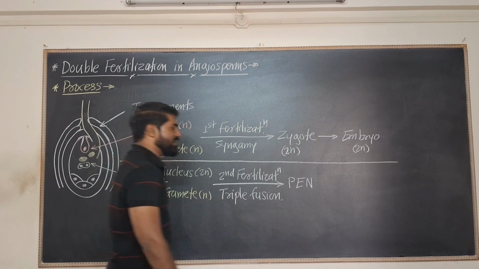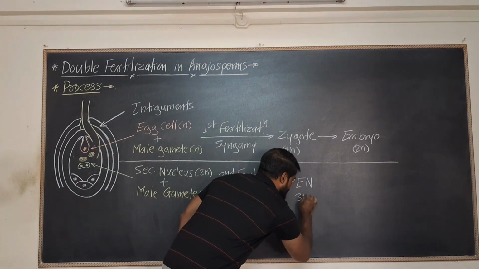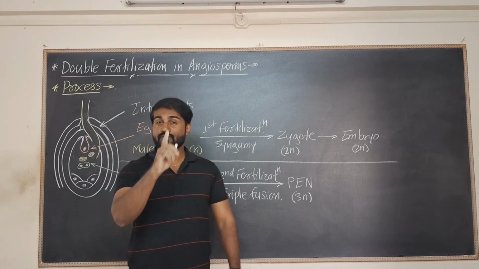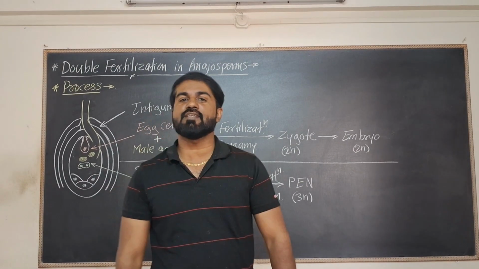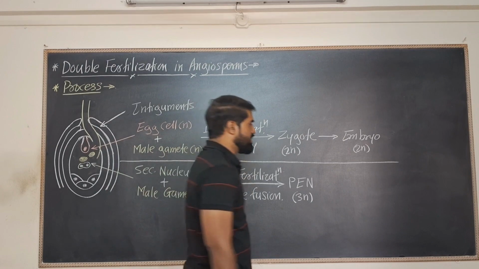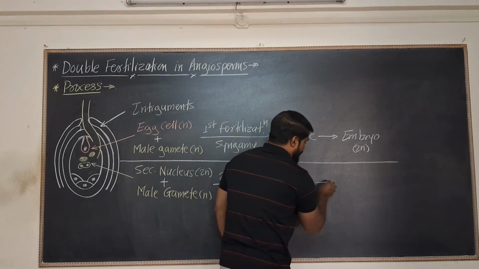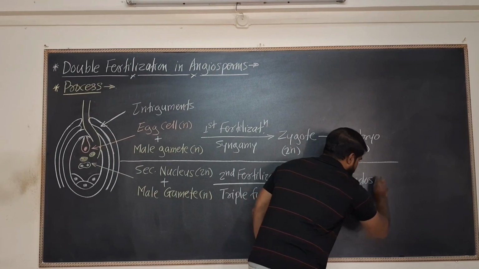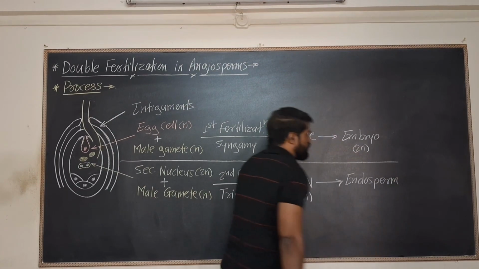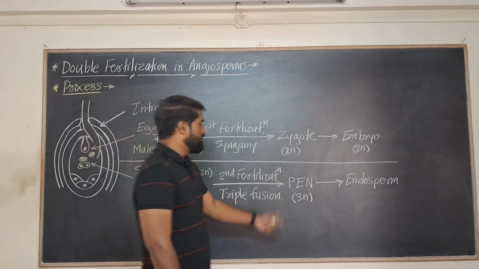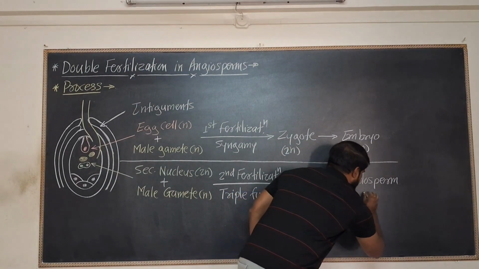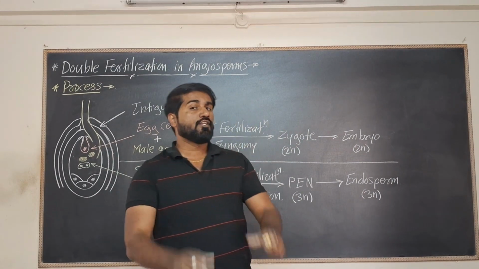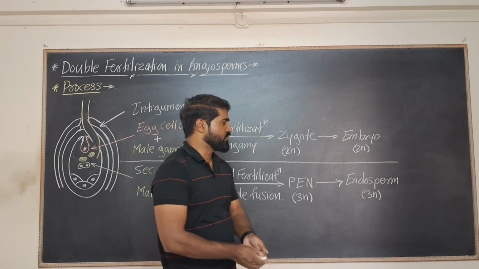Primary endosperm nucleus is 3N, that means triploid structure. Always remember that primary endosperm nucleus is a triploid, and because of this, the endosperm which is developed from the primary endosperm nucleus is also 3N. That means it carries 3 sets of chromosomes.